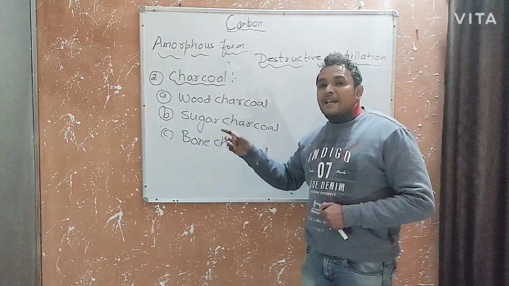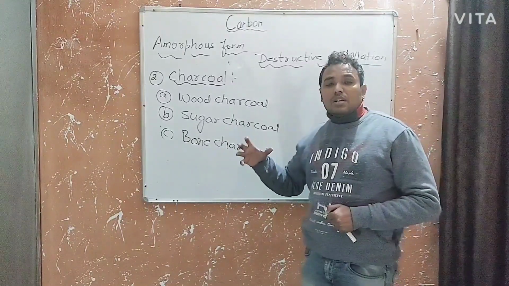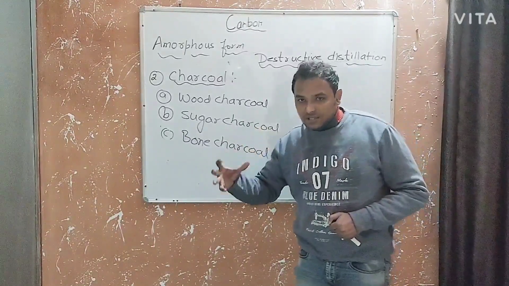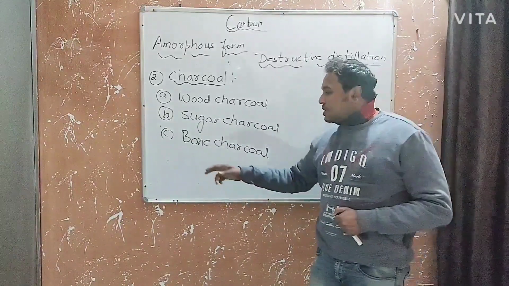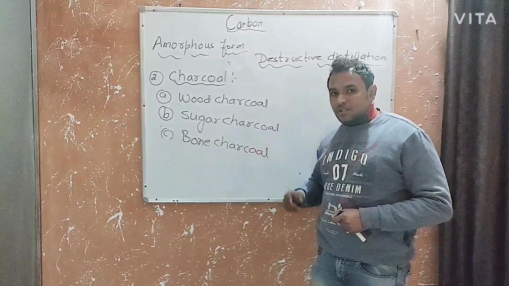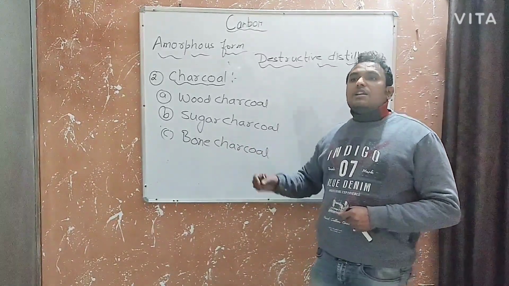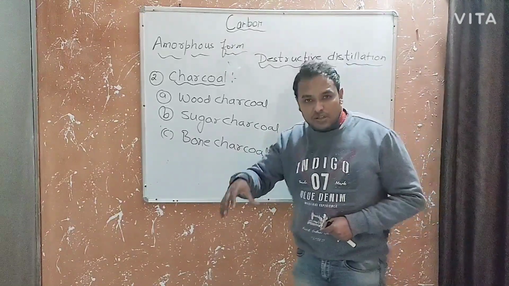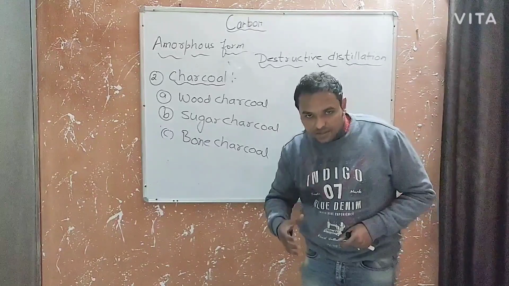It is used in gas masks because it has very good absorbent capacity. Bone charcoal is also used in the sugar industries as a decolorizing agent. It is used in water filtration and it is also used in gas masks.